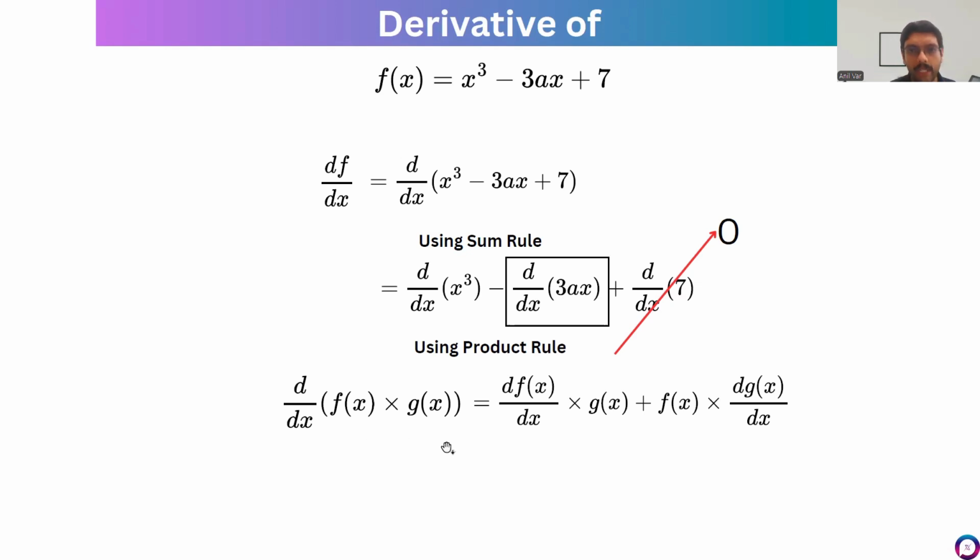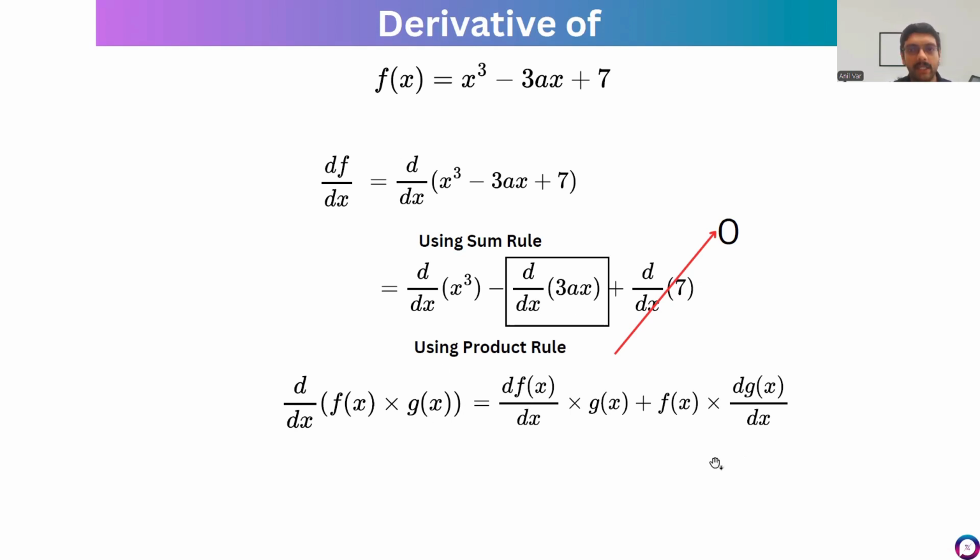Now, what does the product rule tell us? It tells us that the derivative of a product of 2 functions, when you take f of x times g of x and differentiate that with respect to x, is first d by dx of f of x, so differentiate the first term with respect to x, and multiply by the second term, g of x. And then to that you add the first term, which you don't differentiate again, multiplied by the derivative of the second term. Very simple.